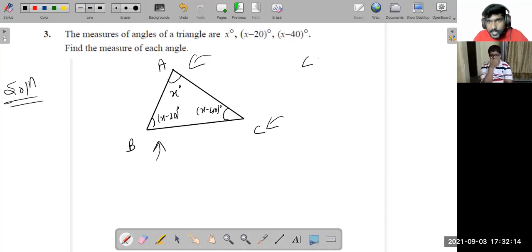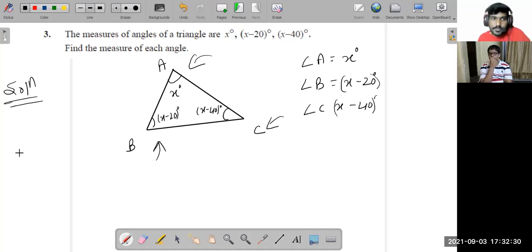Okay, angle A is x degrees, angle B is x minus 20 degrees, angle C is x minus 40 degrees. How to do this? First, find out the value of x.